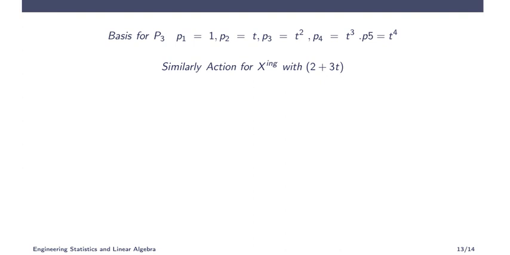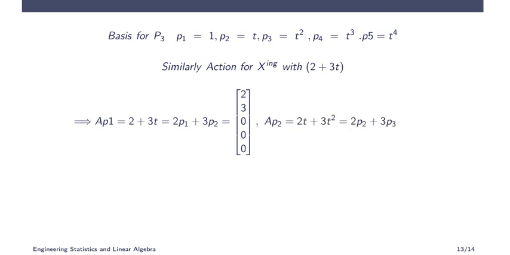Now the action for multiplying with 2 plus 3t: the first one, 2 plus 3t into P1, that is 1, will be 2 plus 3t. Now 2 is 2 into 1, so I can write 2 P1. 3t is 3 into t, so t is P2, so I can write 3 P2. So the coefficient of P1 is 2 and the coefficient of P2 is 3, so in vector form it will be 2 3 0 0 0.